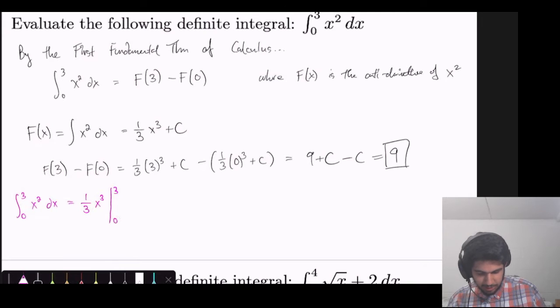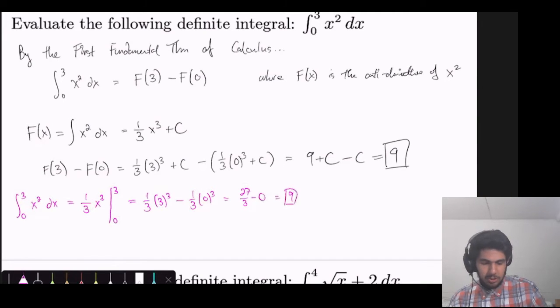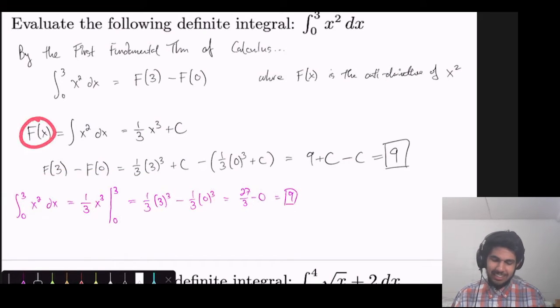So what this is equivalent to is 1/3 times 3 cubed minus 1/3 times 0 cubed, which is equal to 27 over 3 minus 0, which is equal to 9. So this is the sort of notation I'm going to use going forward. I don't want to spend time rewriting this in terms of an indefinite integral. We should be able to see that this is basically the same process.